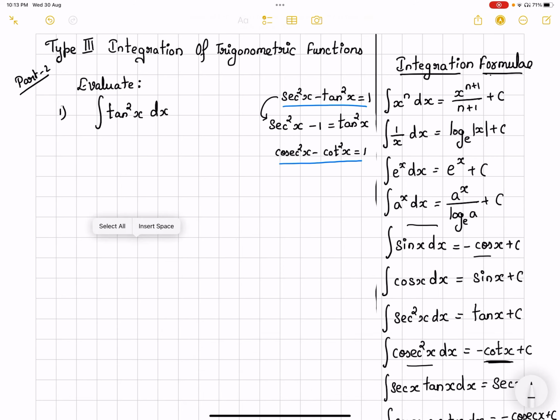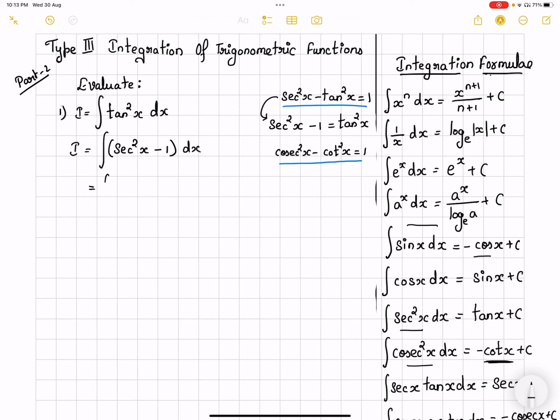Here we have tan square x and we know that in integration we don't have anything for it. So in that case, I'm going to convert this in such a way that I can possibly integrate. And we see that we have something called secant square. So the tan square is going to be replaced by secant square x minus 1 dx.